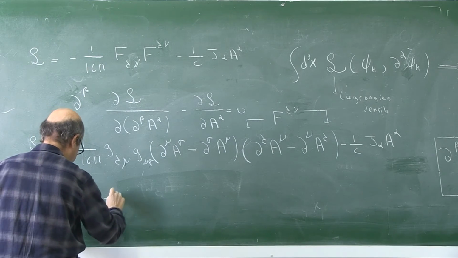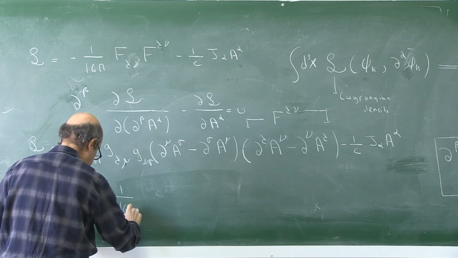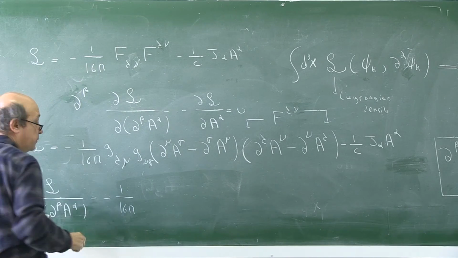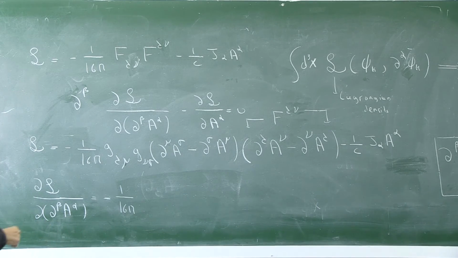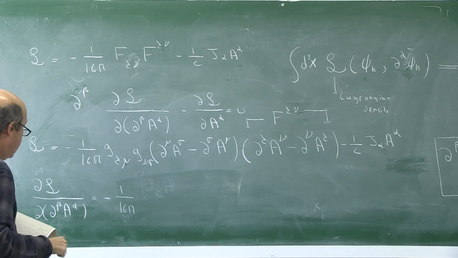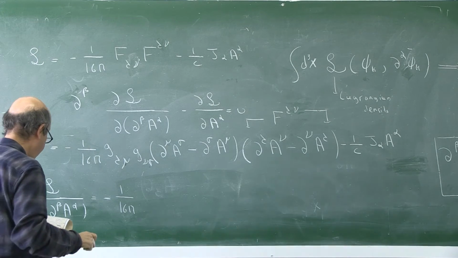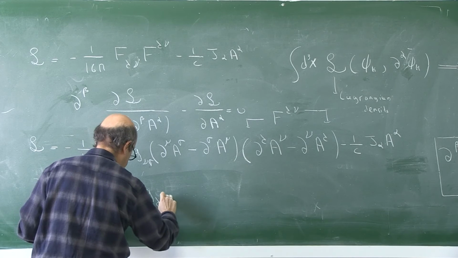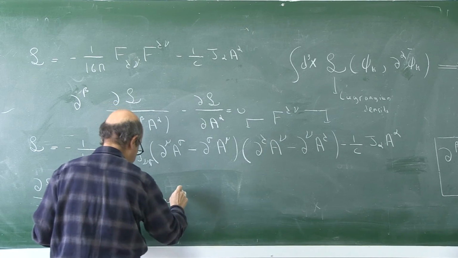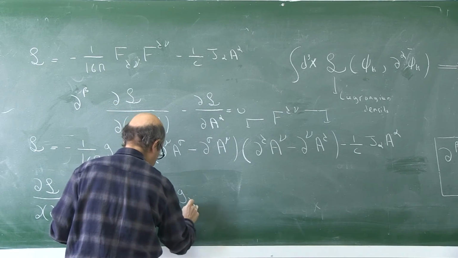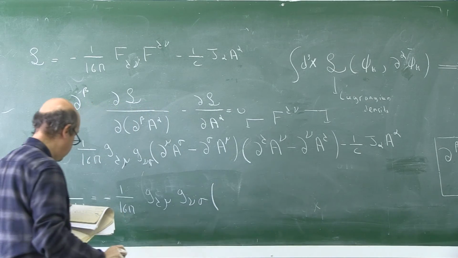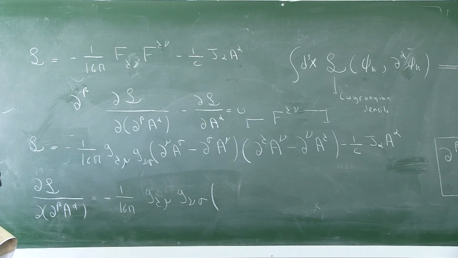We have minus 1 over 16 pi. I write this coefficient because it will help at the end. And g lambda mu, g mu sigma, and let us play on with the derivatives.